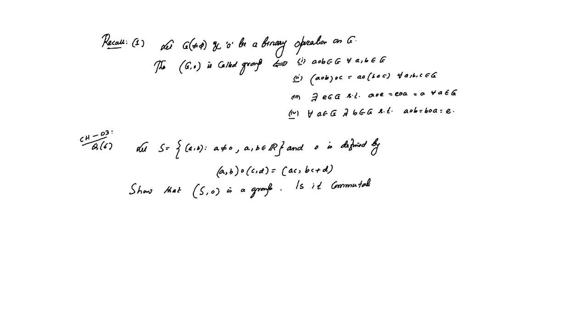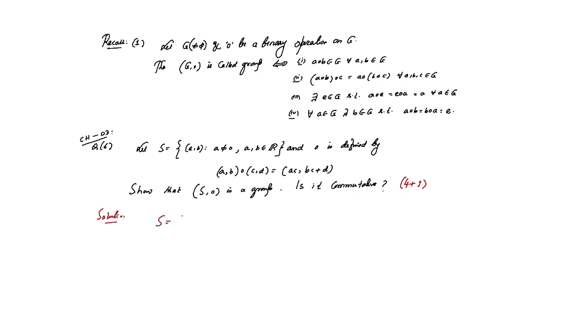So for a group, what do we have to show? We have to show closure, associativity, existence of inverse and existence of identity. Here the marks given are 4 plus 1. So what is exactly given?